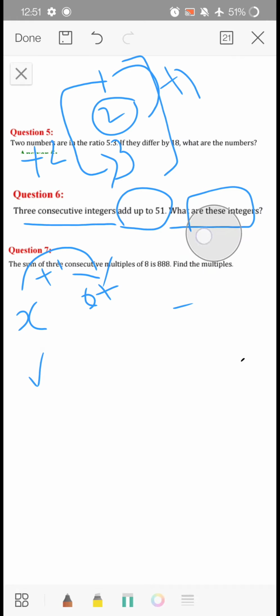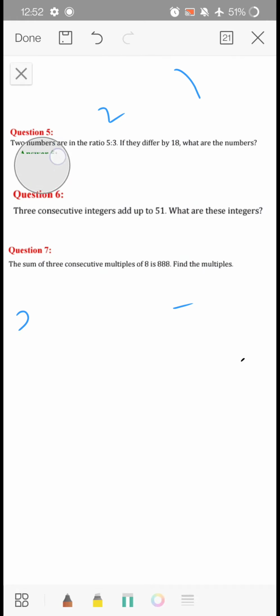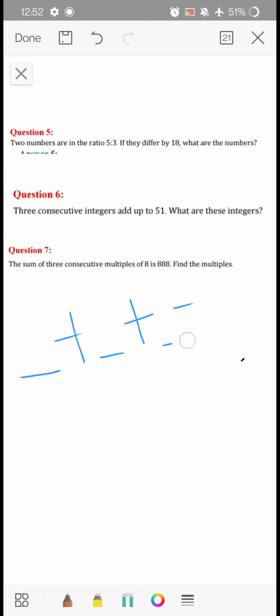Let's have a recap of this so that you have an idea how we get this. We know the addition of 3 integers is 51, right? Now these are consecutive, one after another. Here I don't know what the number is, so I will suppose it as x.